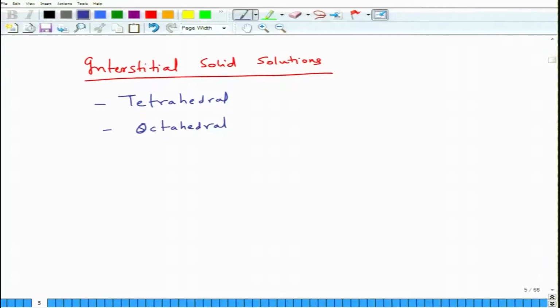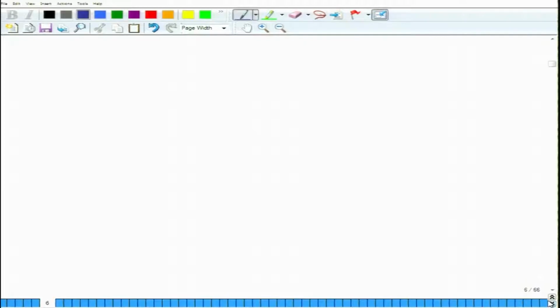So, depending upon the size of the atom and the structure of the host phase, whether it is FCC, BCC or HCP, the impurity atom may decide to go to any of these sites. So, let me give you now some examples of the manner in which your solid solutions may form.